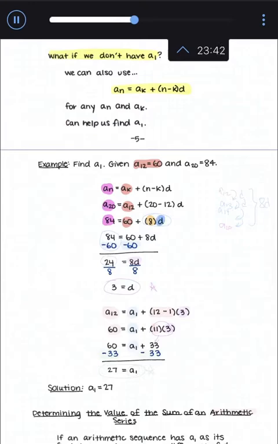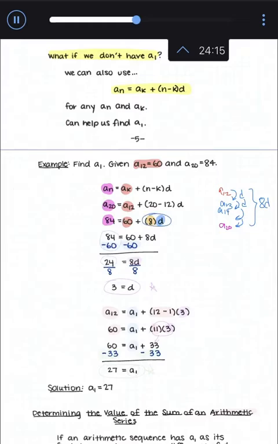If you had the 12th term and you were working your way all the way down to the 20th, how do you get from the 12th to the 20th? You'd have to add whatever your D is to get your 13th term, your 14th term, and so on and so forth, until you got all the way down to the 20th term. You would be adding these D's 8 times to get from the 12th to the 20th. So that's why you're doing the 8D here.